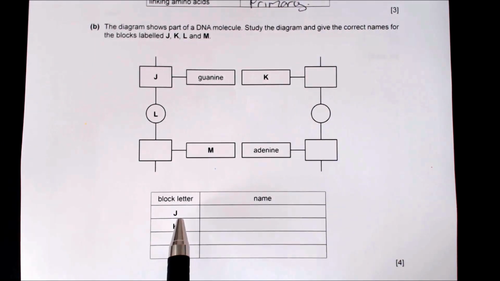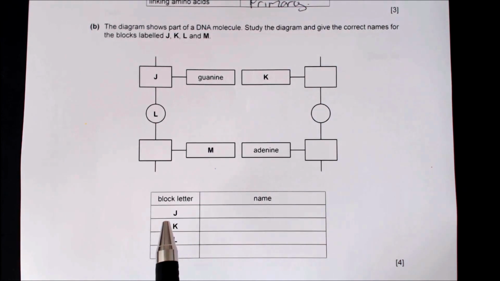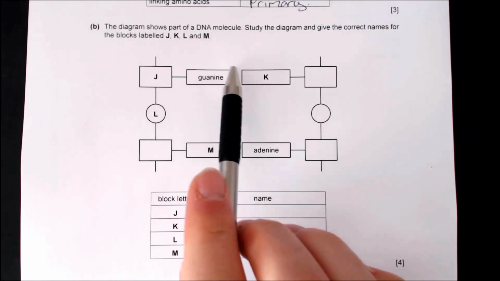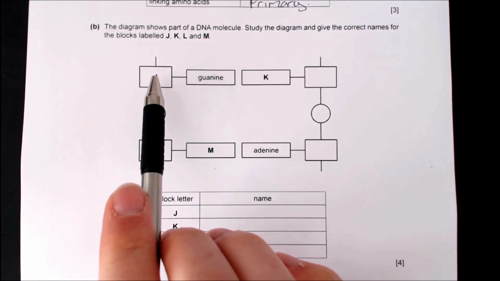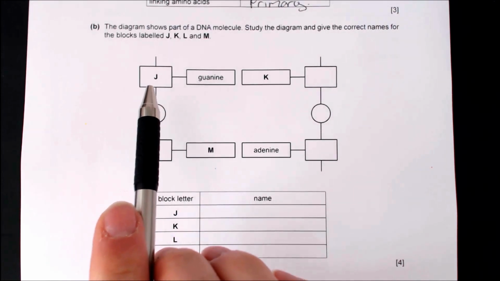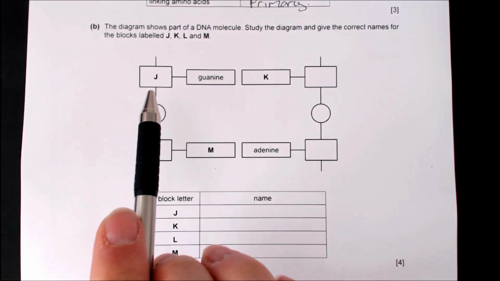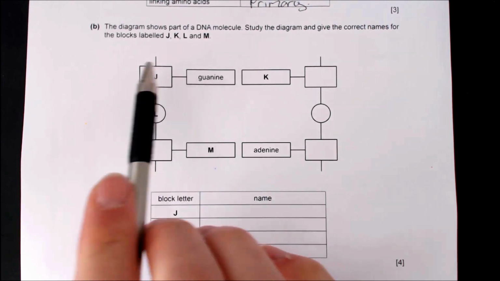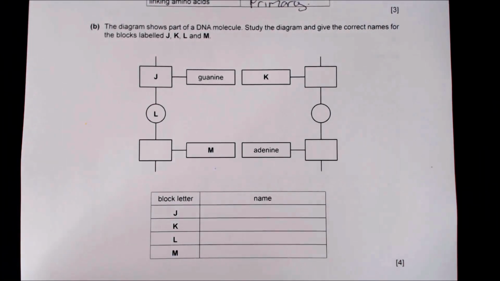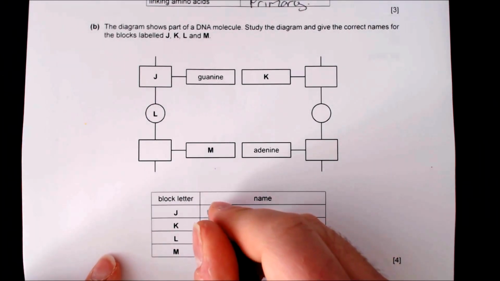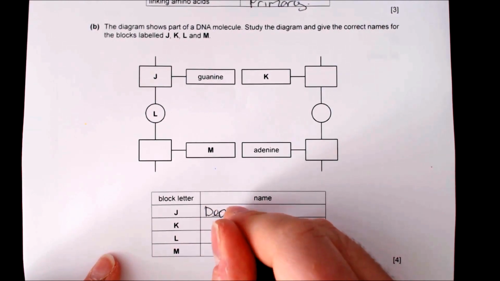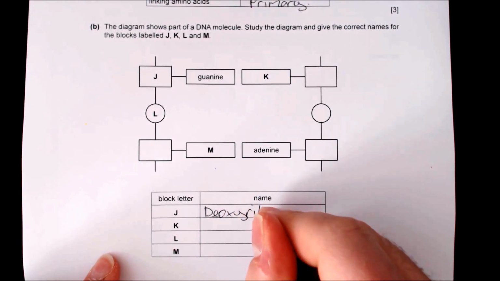So we'll have to look at the different letters. We'll look at J first. Now J is obviously bonded to one of the bases here. The bases are attached to sugars, and the proper name for the sugar in a DNA molecule is deoxyribose. So we're going to put J as your sugar. So put deoxyribose.